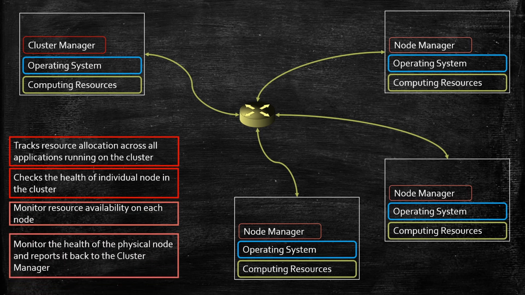And they will also monitor the physical health of each machine and also report that back to the cluster manager. The node manager also checks if an application is running smoothly or if an application crashes, and also reports that to the cluster manager. So as we can see here, the cluster manager and the node manager form the operating system of a cluster.